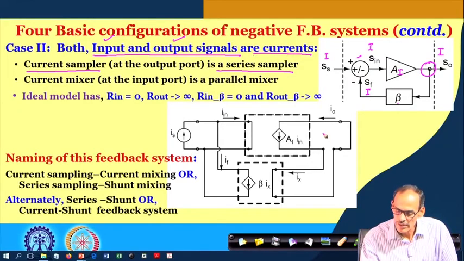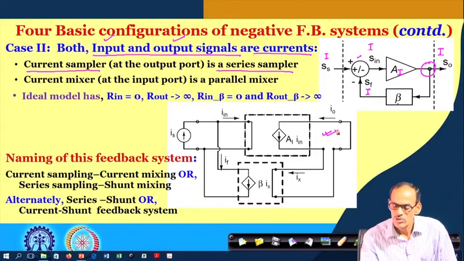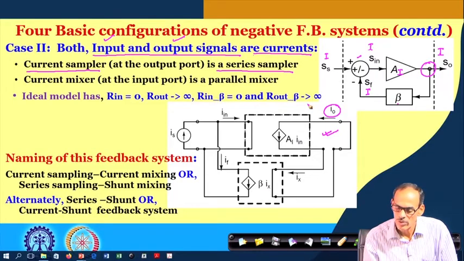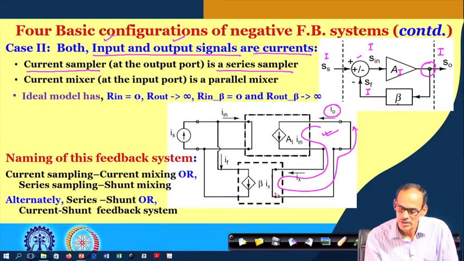If you see here and recall the previous configuration, there it was a shunt connection, but in this case we have output signal say I O, and this I O needs to flow through this path. So, to have this current flowing through this input port, this port and this port should be in series.